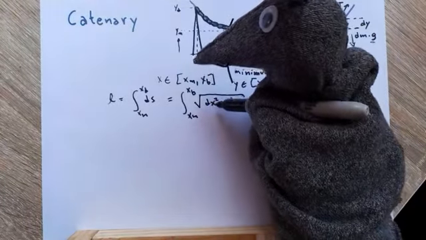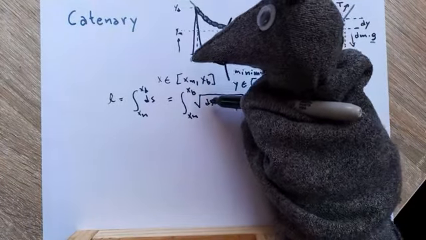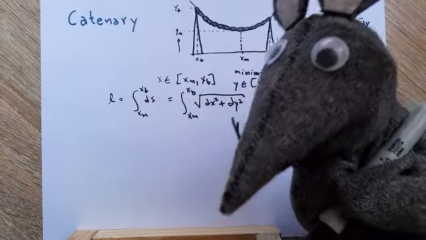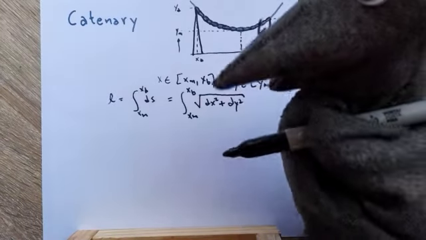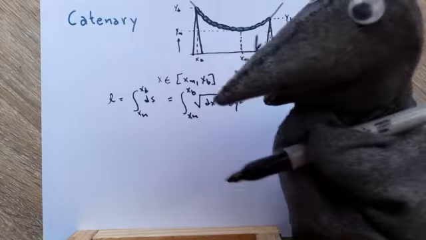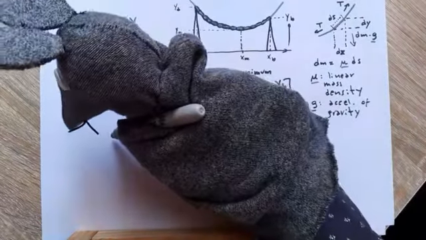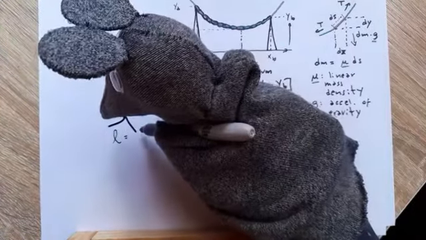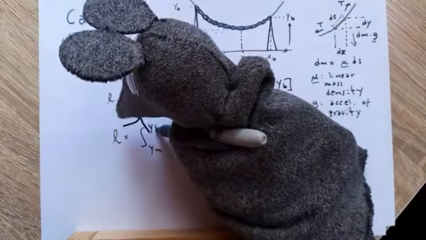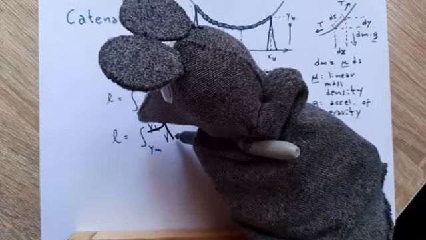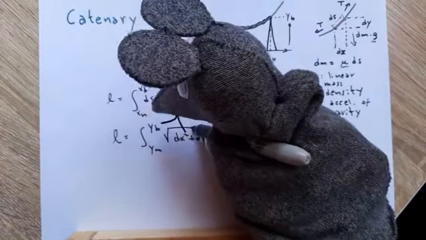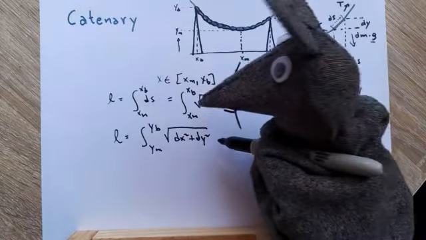We are assuming that we are working with x as the independent variable, but we will do a trick here. We will use instead the y coordinate as the independent variable. So we will write L equals the integral from ym to yb of the square root of dx squared plus dy squared, where we are assuming that x is a function of y.